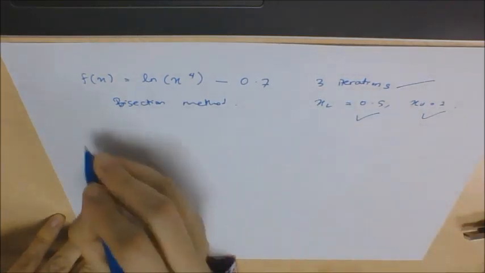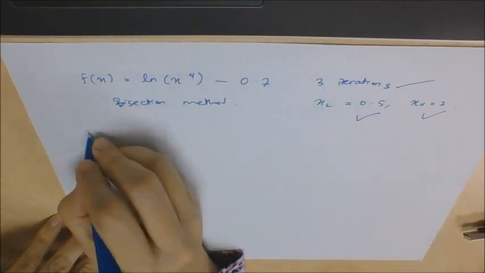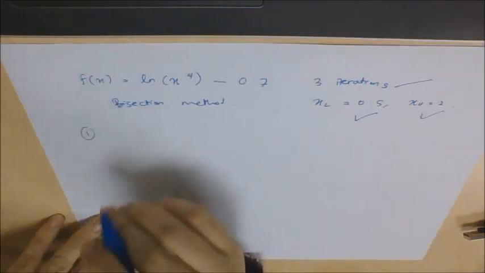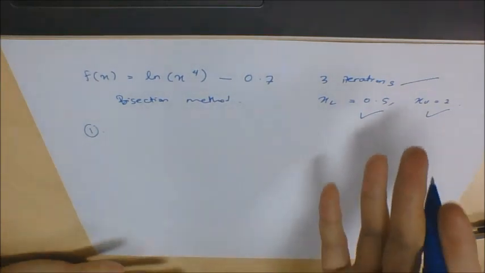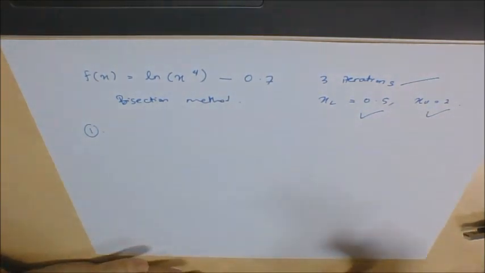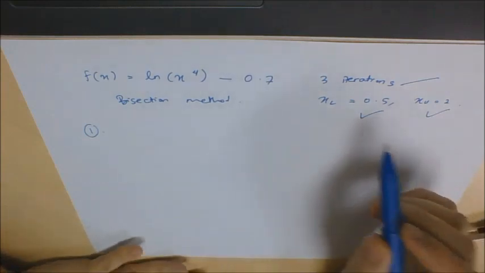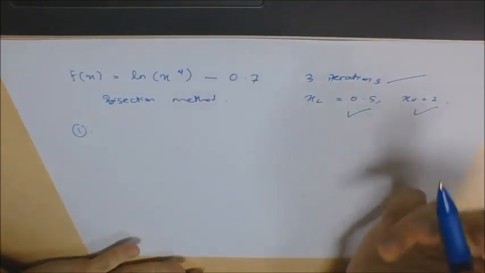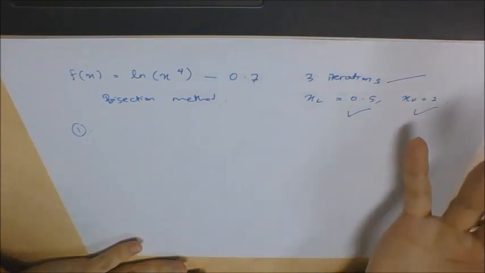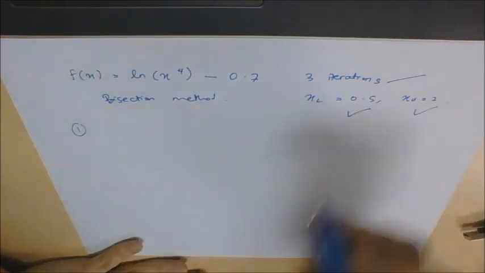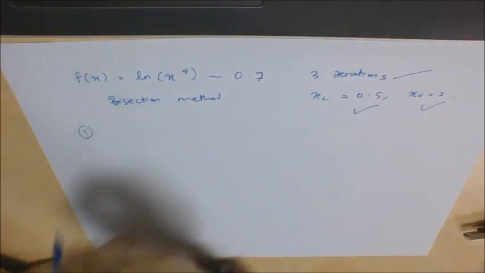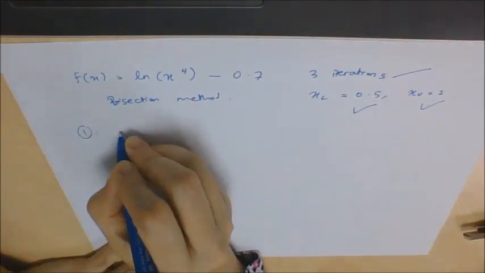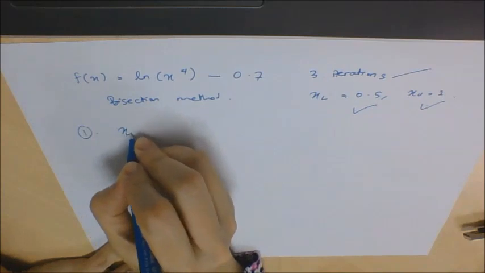Now first things first, if you still remember the steps that I gave in my PowerPoint, there are 3 steps of the bisection method. The first step is you need to have initial guesses of XL, but in this case it's already given to you, so you can skip that. So we move on to the second step, which is you now have to calculate the value of your XR.